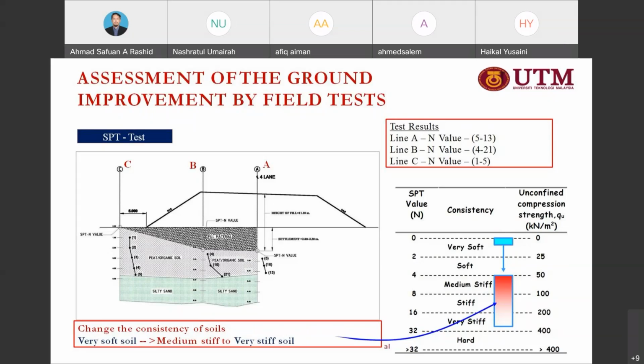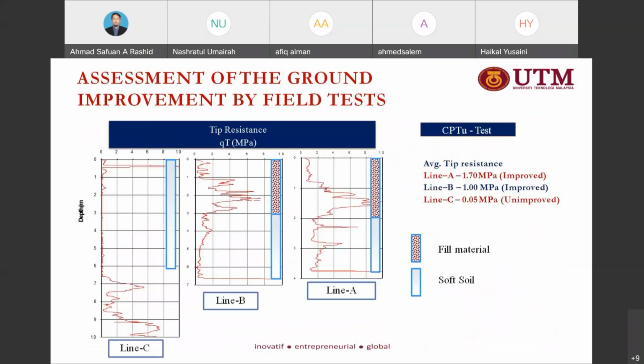Is there any significant change due to the improvement process? We may check using the SPT test, or the CPT test, cone penetration test, to check if there is any improvement due to the ground improvement.